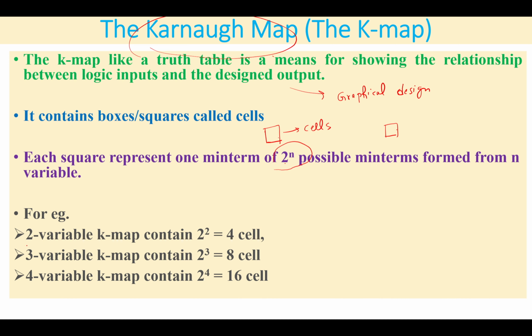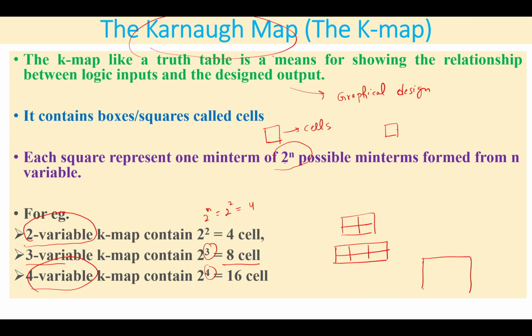Suppose we talk about the two variable K-map. The number of cells is 2 power n, and with n equal to 2, the number of cells is 4. This is the structure of a two variable K-map. For the three variable K-map, n is 3, so the number of cells is 8. And for the four variable K-map, n is 4, and the structure is like this.